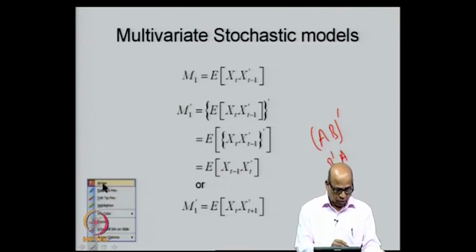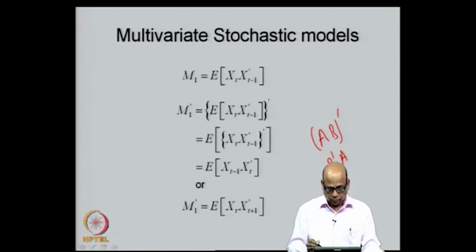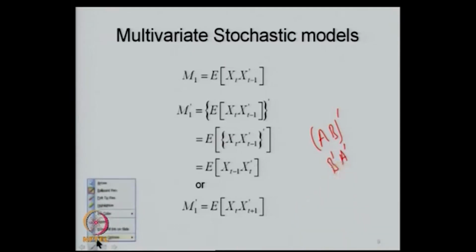I think I will have to write it as B dash A dash. Okay, that is how it becomes x t transpose here. So, I will be able to get from here m 1 dash is equal to the expected value of x t minus 1 into x t transpose.